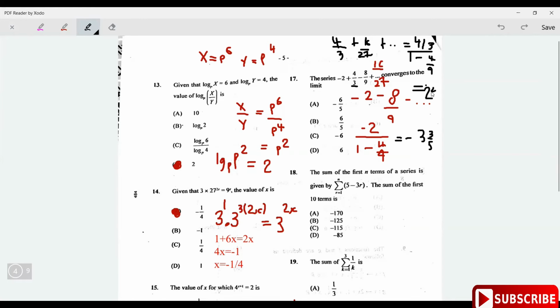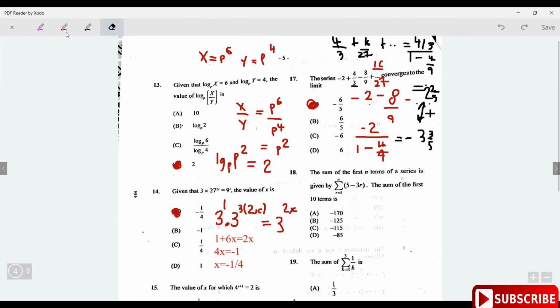And so these two, I add them together. So I put a plus. When I add them together, what I get is negative 6 over 5. That's option A. Easy question.